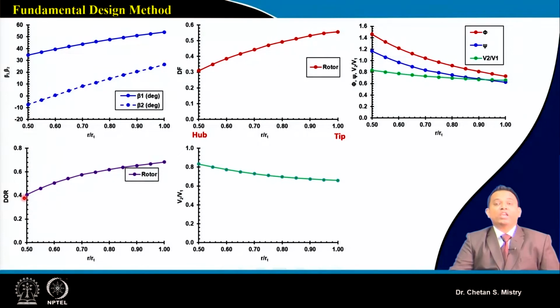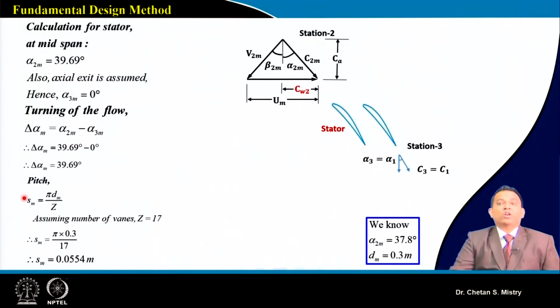So when you are making your Excel sheet program, maybe you can put this kind of plot side by side, so that you will understand what the trend is, what you are looking for, and whether it is coming or not. Okay, now based on that, our next step will be to design our stator.